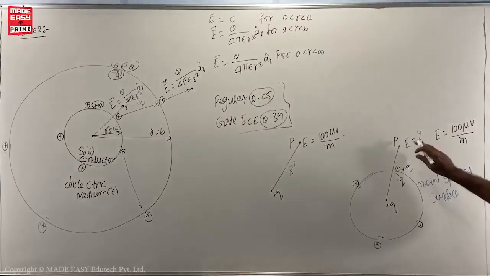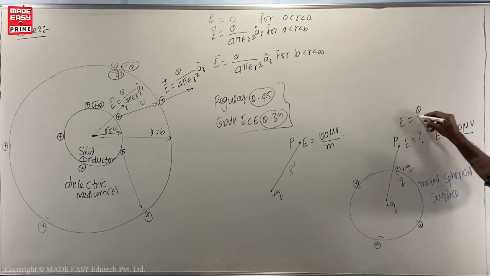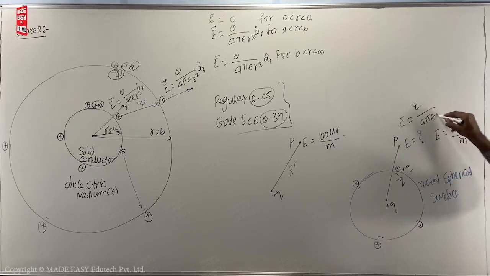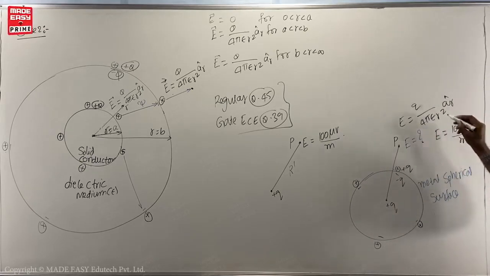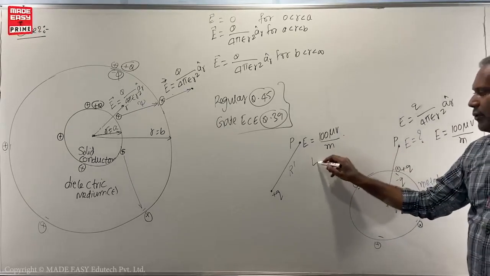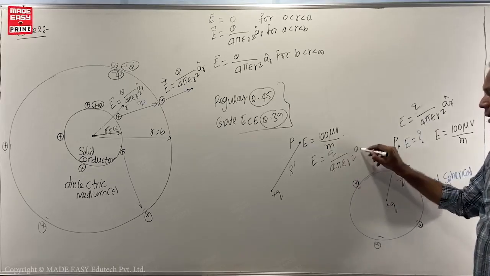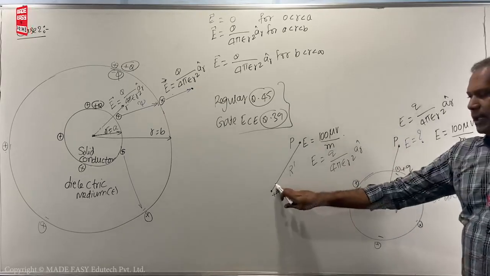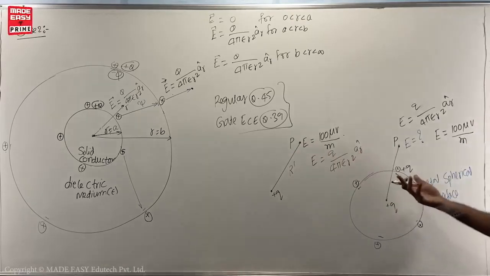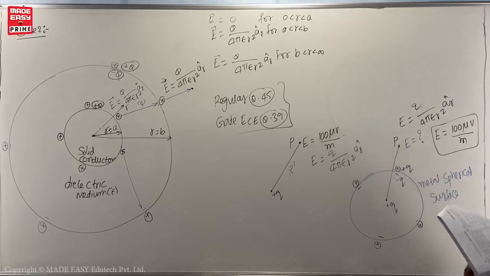So the electric field equation here is the same as due to the small Q charge, Q divided by 4 pi epsilon r square ar, where r means the distance from the center to this location. Here also the equation due to a point charge is Q divided by 4 pi epsilon r square ar, with r the distance from the center to this location. So the electric field is the same.